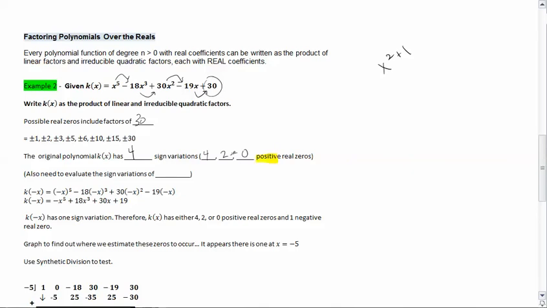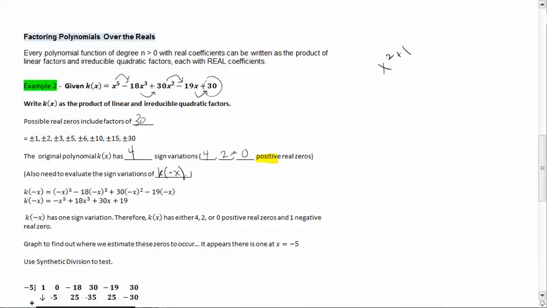That's what we're doing when we look at k of x and the sign variations. But we also need to evaluate the sign variations of k of negative x. That's going to give us our negative real zeros. So far we've started to find our positive real zeros; now we need to find our negative real zeros. We plug in a negative x into k of x and evaluate how many sign variations we have.